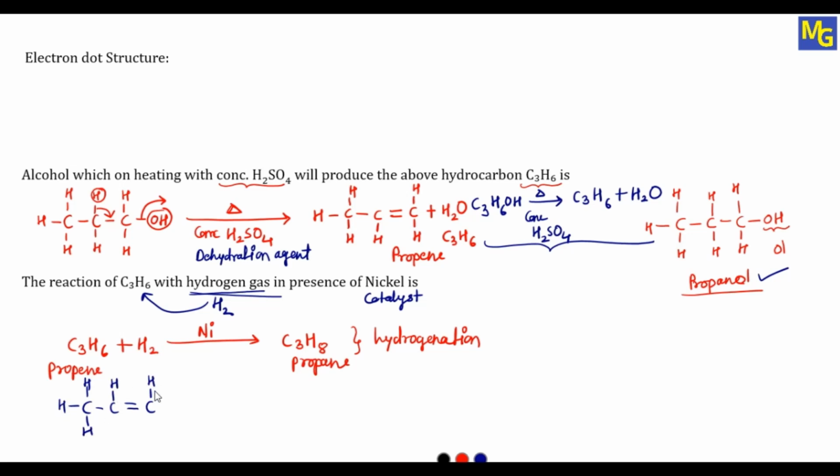I hope you understood. Now what we will do, we will add H2. So see this, now here we will write our nickel catalyst. So what happens, this H2, one hydrogen will be added here, second hydrogen will be added here, and double bond will become single. So H, C, H, first carbon will be as it is, it will not be changed.